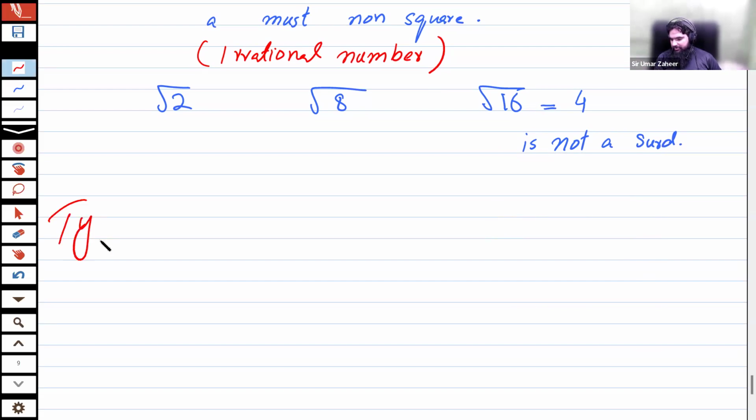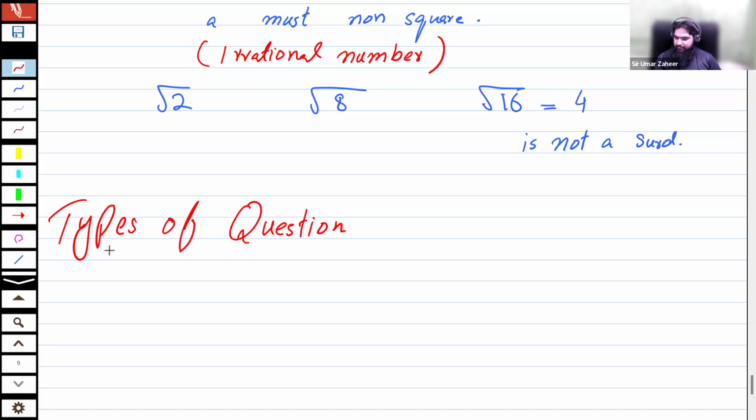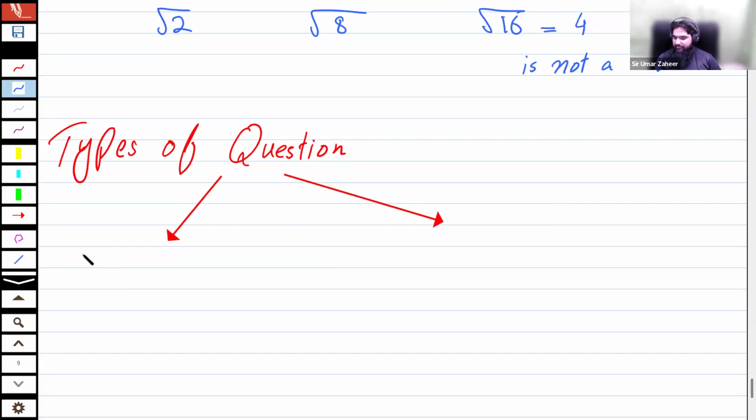In the first type, the examiner says that you have to simplify the surd.